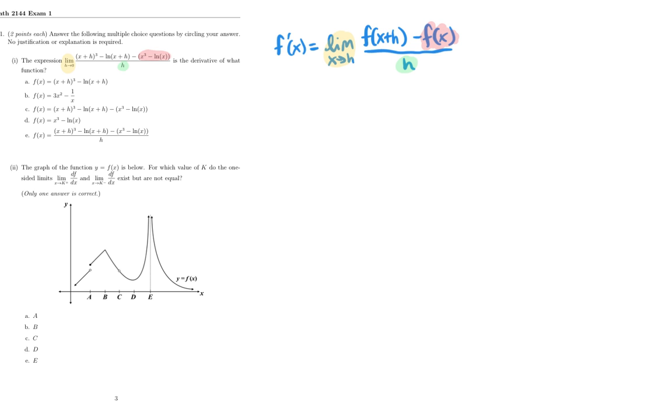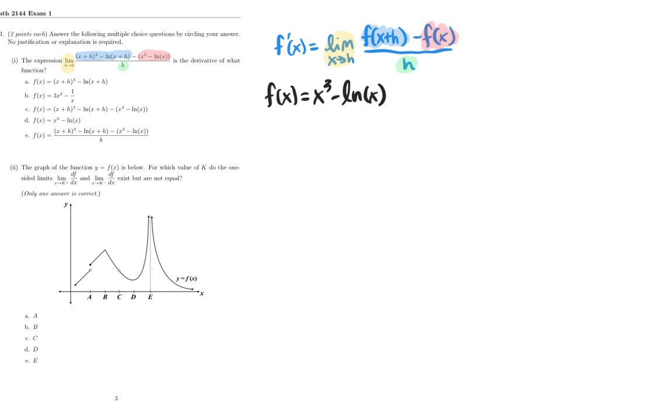And then the x plus h, this part here, matches f of x plus h. And so when I see that, I'm just going to check, it looks to me like f of x is going to be equal to x cubed minus natural log of x.